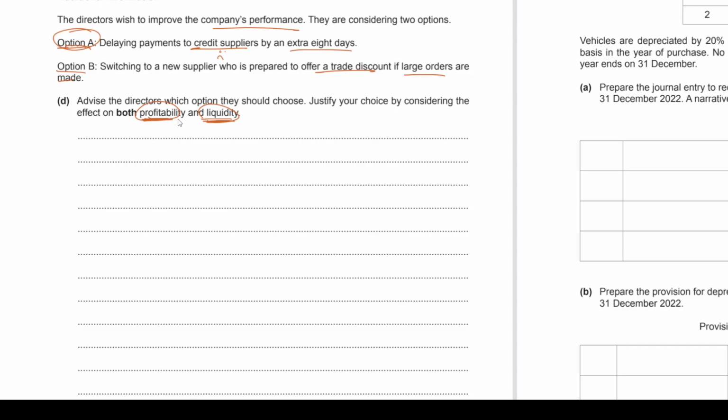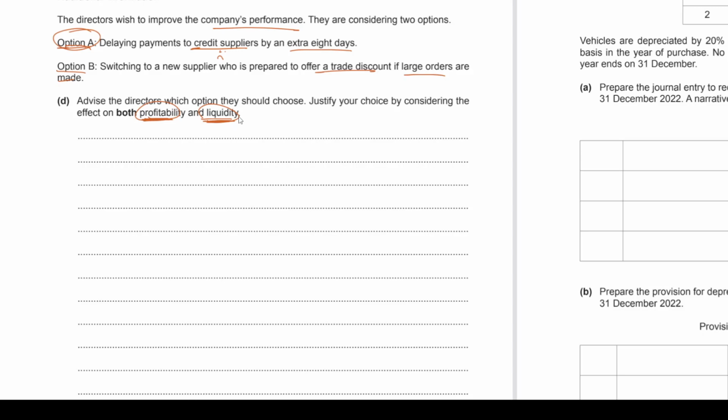That's one thing. It may also reduce profitability because it will lead to higher storage costs. So it will increase storage costs, which is an expense and will affect profitability negatively. But at the same time, we are getting things for a cheaper price, and so it's going to help profitability. What about the liquidity?